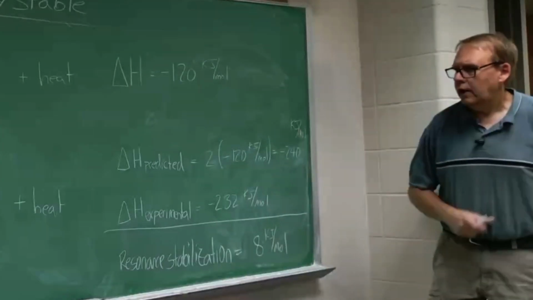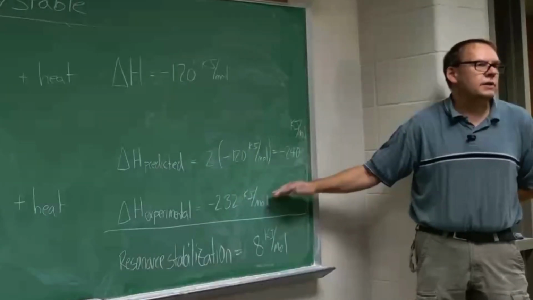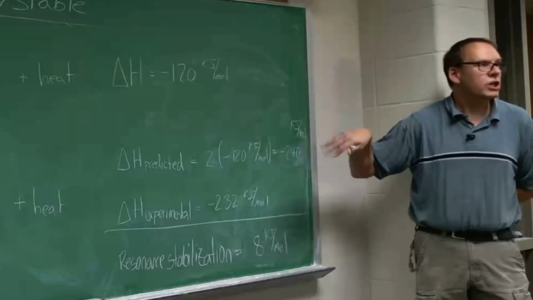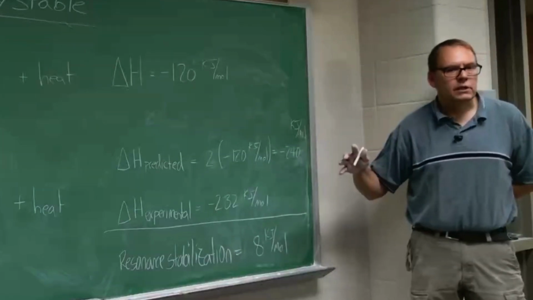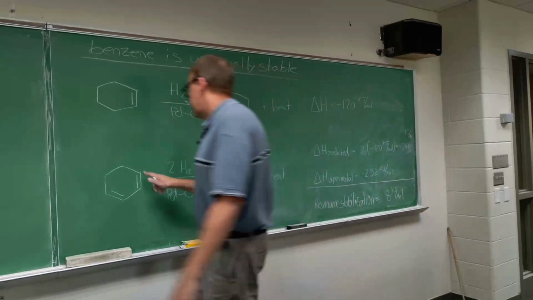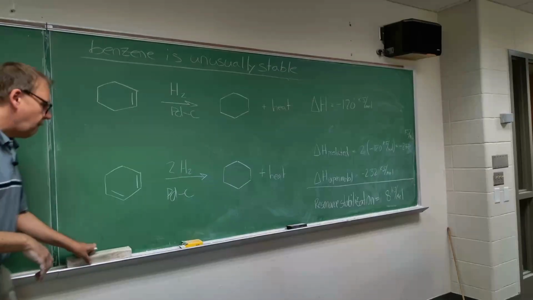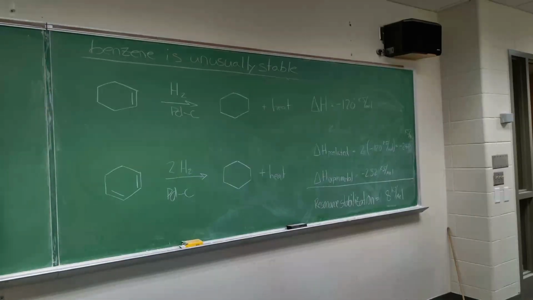So the diene is a little more stable because it has its double bonds conjugated. They're able to share electron density through the pi system of overlapping p orbitals throughout the system, and that helps a little bit. It stabilizes it by 8 out of 240, so it's 232.